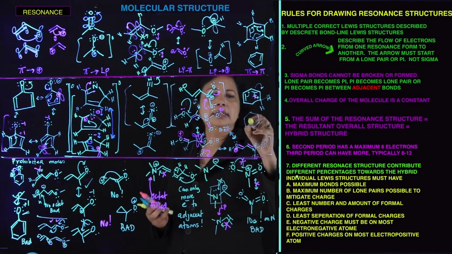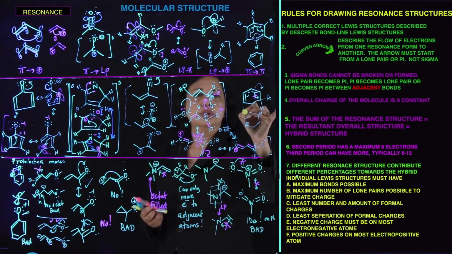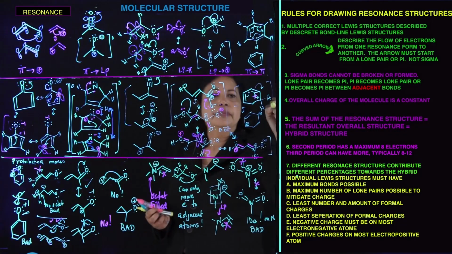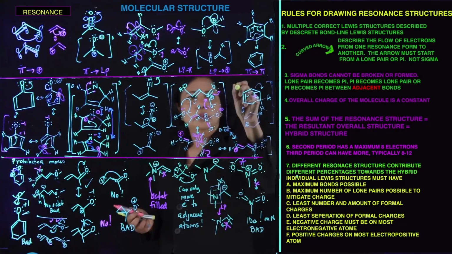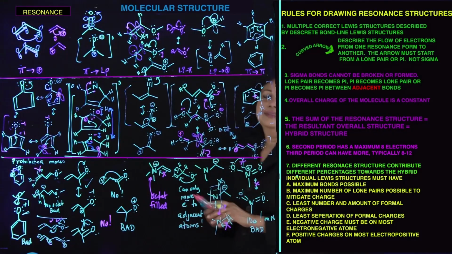So you'll have a positive here and a negative here. This is a really bad resonance structure, and so it's mostly going to be here. So even though these are possible resonance structures, 99% of the time it's going to be in this region.